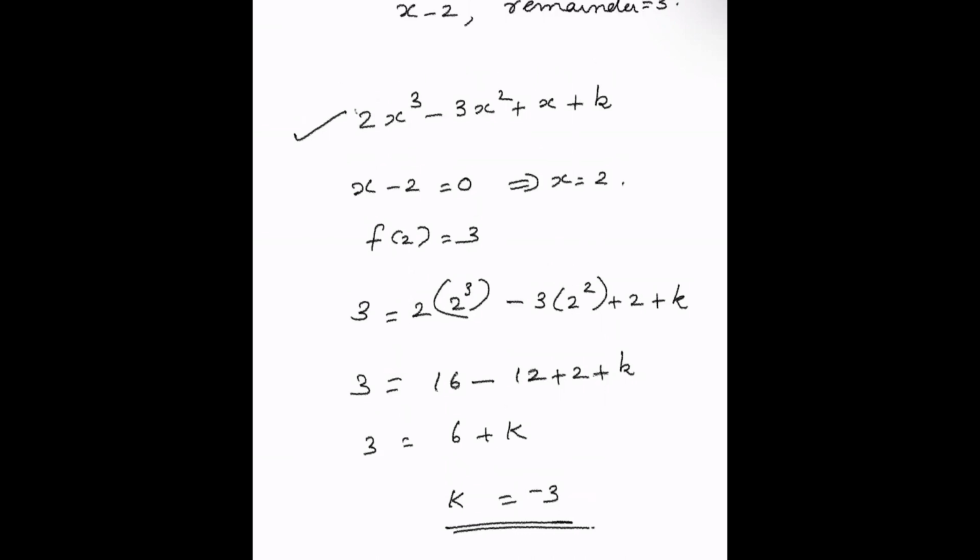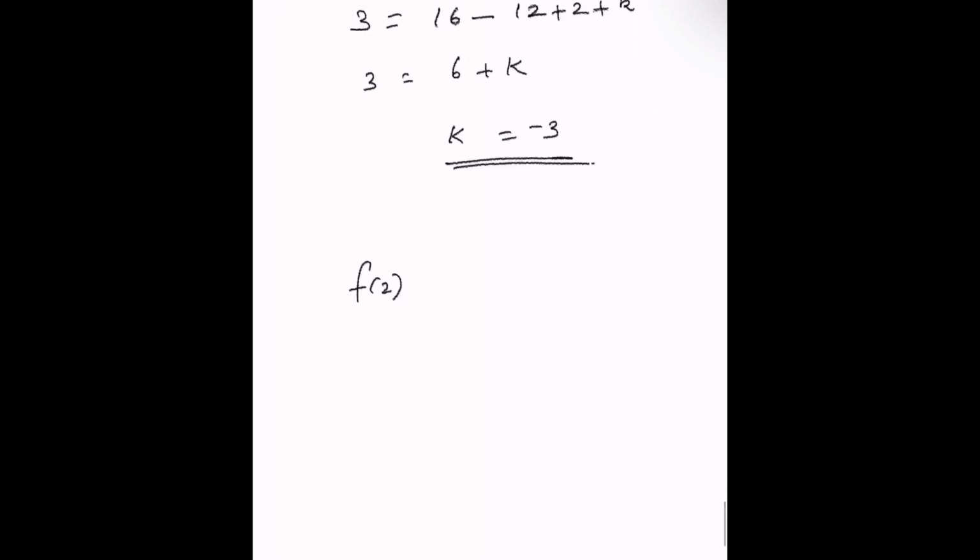Next is the factor theorem. The factor theorem and the remainder theorem are very related, and that is the reason it's called the remainder and factor theorem. In the factor theorem, when you calculate f of 2 and you get the remainder 0, that means this is a factor of that polynomial.